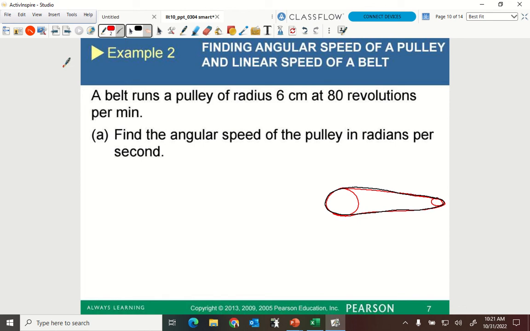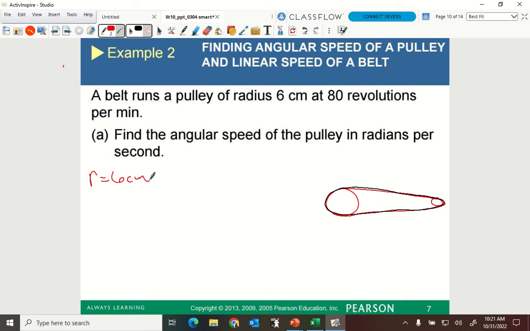Okay, radius 6 centimeters, 80 revolutions per minute. What is 1 revolution? It is 360, but are we dealing in degrees? We're dealing in radians, right?